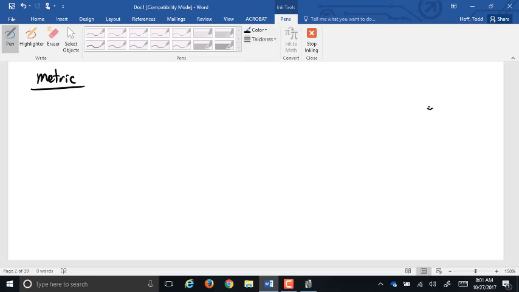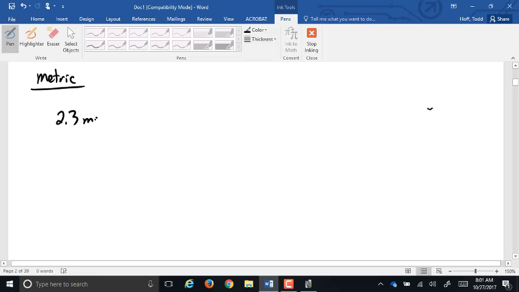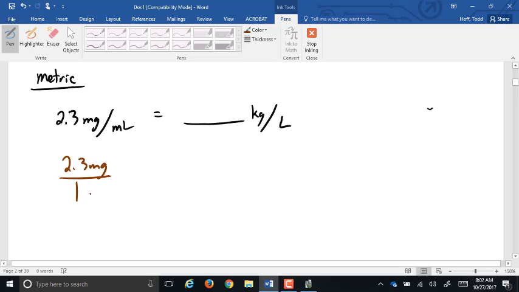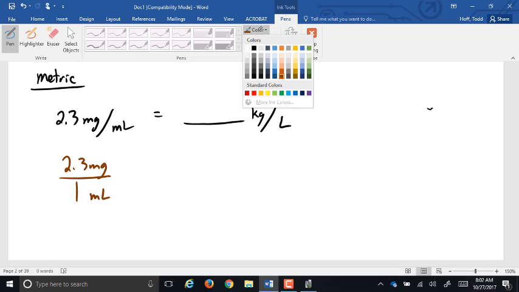So if these were metric, let's say we have 2.3 milligrams per milliliter. And I want to know what that's going to be in kilograms per liter. I make that 2.3 milligrams over 1 milliliter.